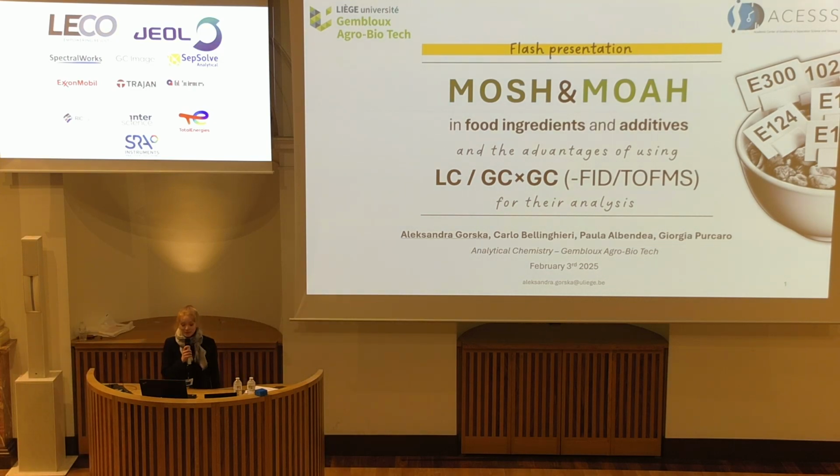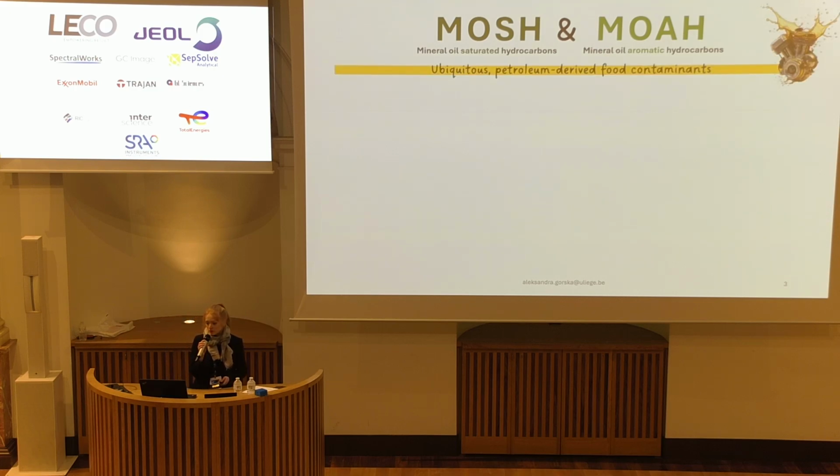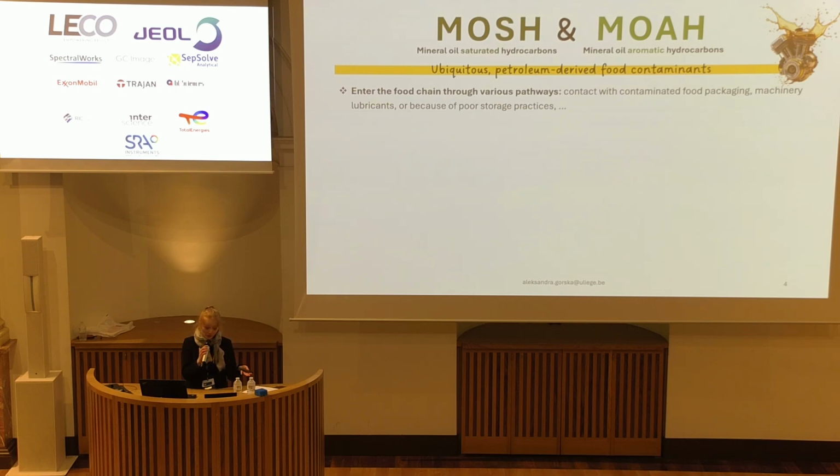Hello. Today we are going to talk a bit about MOSH&MOAH. MOSH&MOAH stand for mineral oil saturated and mineral oil aromatic hydrocarbons. These are ubiquitous petroleum-derived food contaminants that can very easily find their way into the food chain through, for instance, migration from food contact packaging, food contact material, from food processing machinery, or simply because of poor manufacturing and storage practices.